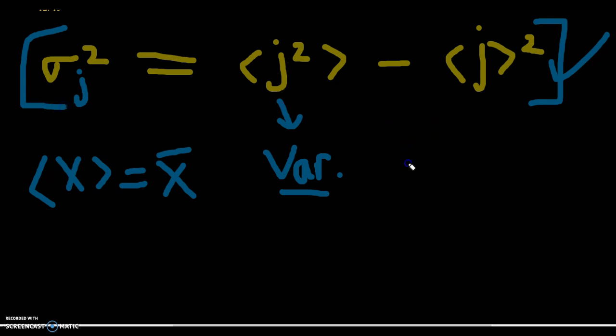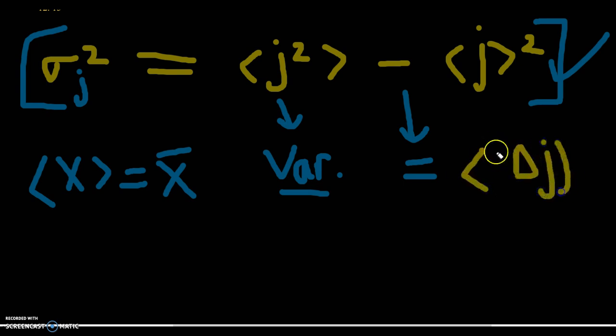This can also be defined as the mean of delta j squared. Delta j basically indicates the difference between ith observation and the mean of the sample. So this is some introductory probability and stats essential for quantum mechanics.